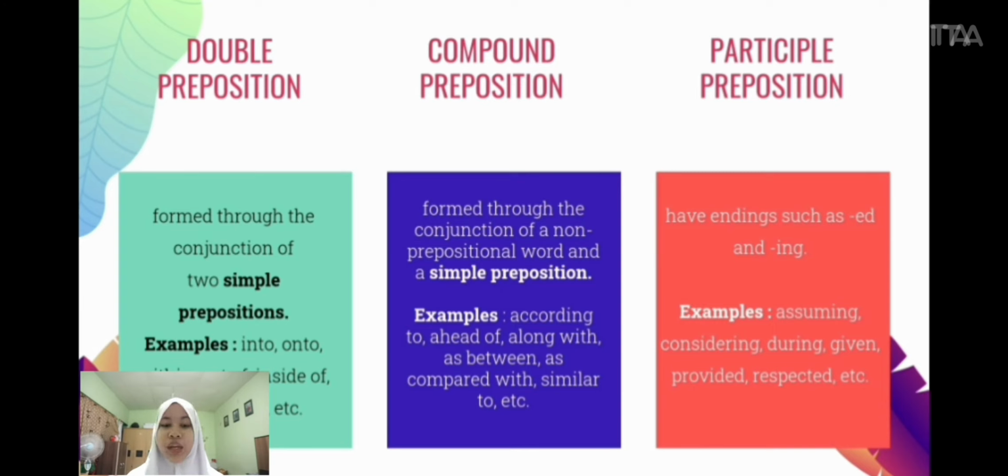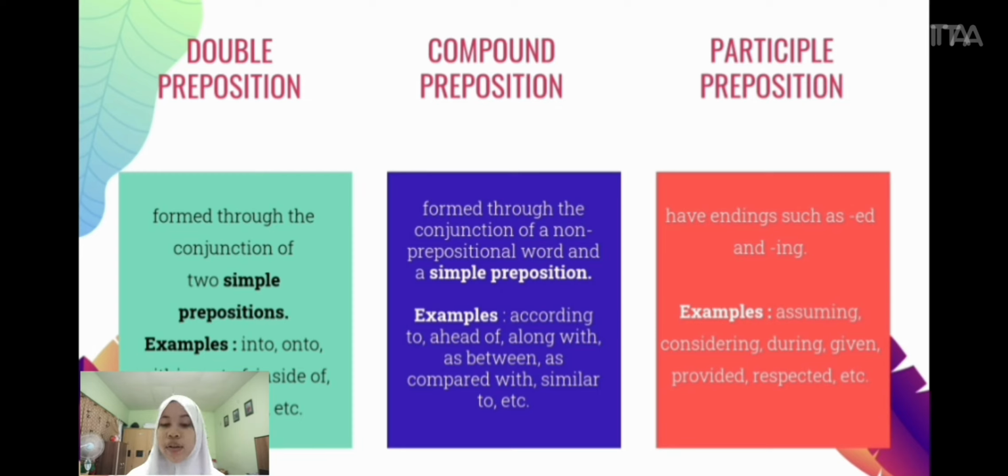And we move to double preposition, formed through the conjunction of two simple prepositions. Examples: into, onto, within, out of, inside of, from behind. Compound preposition, formed through the conjunction of a noun, prepositional word and a simple preposition.